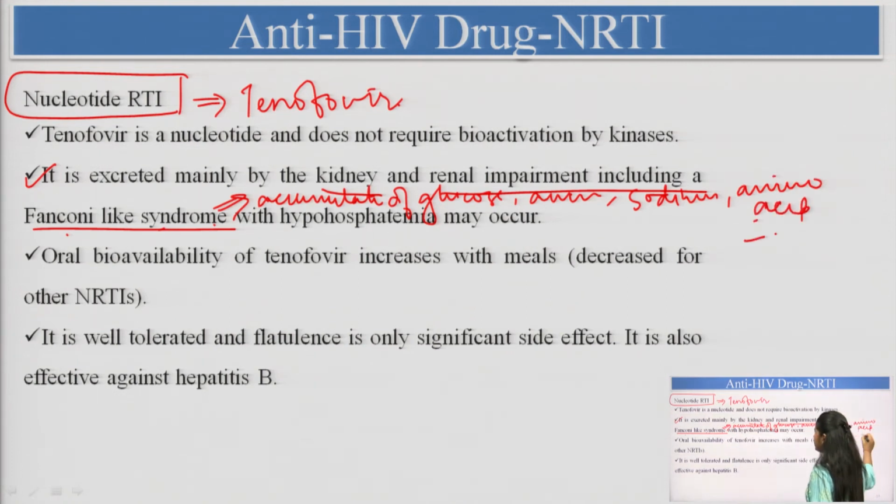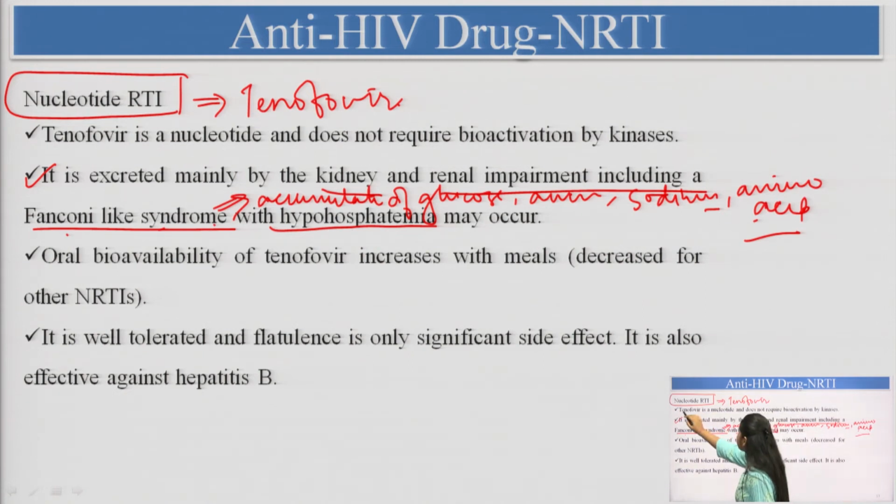They are accumulated inside the body due to impaired kidney function, and once accumulated, they will also be seen in the urine. So it will cause hypophosphatemia, where phosphate levels will be low. So this is one of the conditions we have seen with tenofovir.